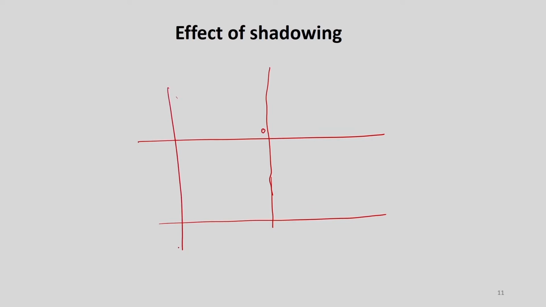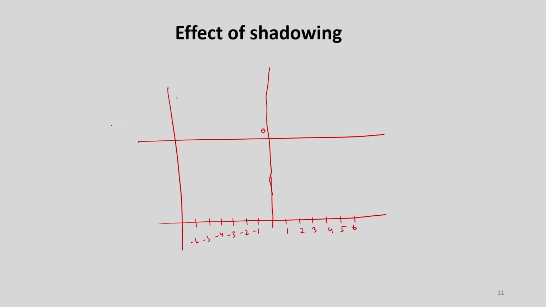If we draw this IV characteristics, maybe I can take this plot and draw here. Maybe 0 here, and I can write 1, 2, 3, 4, 5, 6, and this is minus 1, minus 2, minus 3, minus 4, minus 5, minus 6.